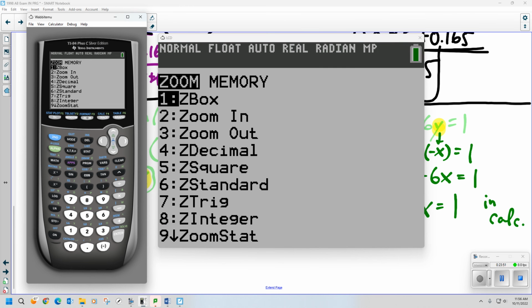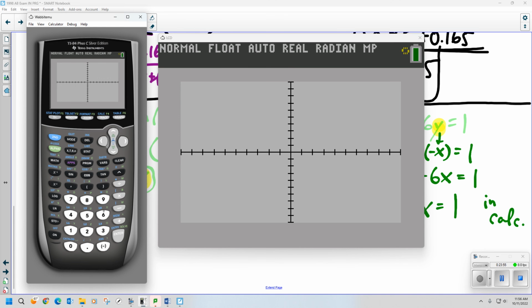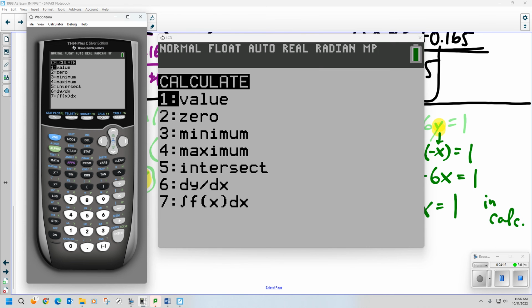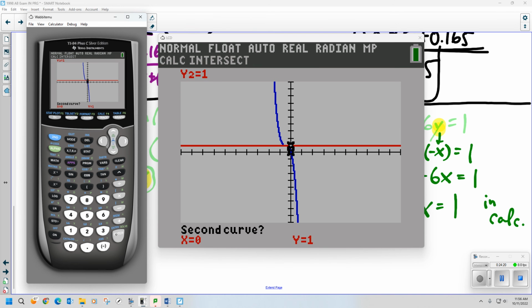Zoom 6, so it goes back to a 10 by 10 window, and I want to see where these intersect. Right here I have to find that point of intersection. So I'm going to go second, trace, pick intersect, which is 5, and hit enter 3 times.